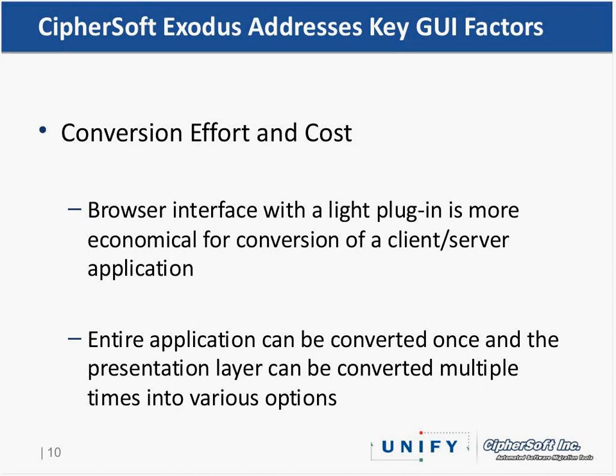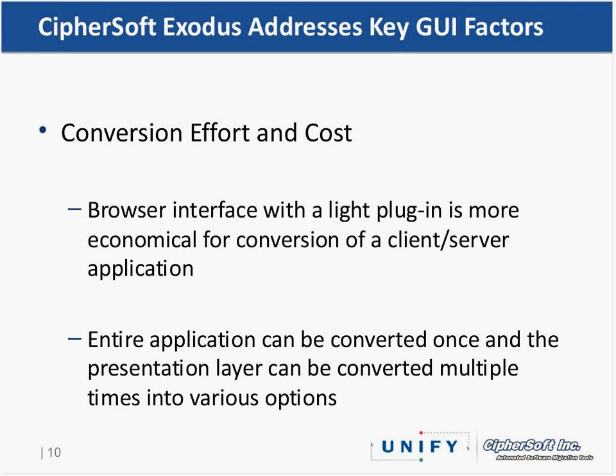When you saw that diagram, I had the client side, that column on the left-hand side, and because this is built in a J2EE architecture, that presentation layer is separate from your business logic as part of the conversion. So regardless of the GUI option you choose, that business logic is the same once it's converted.